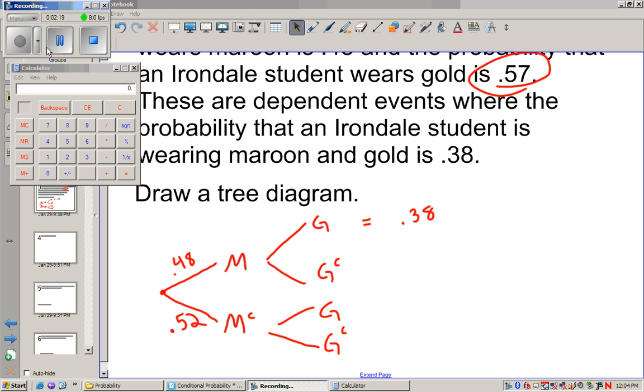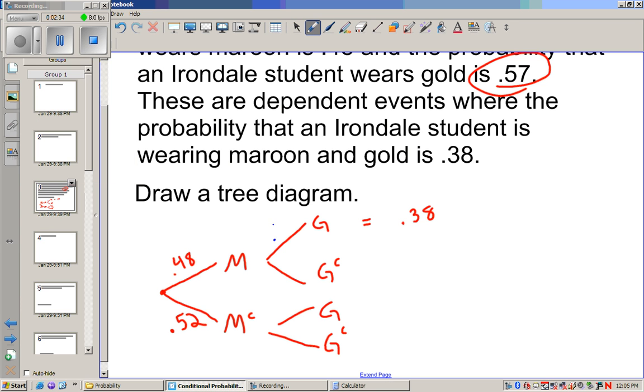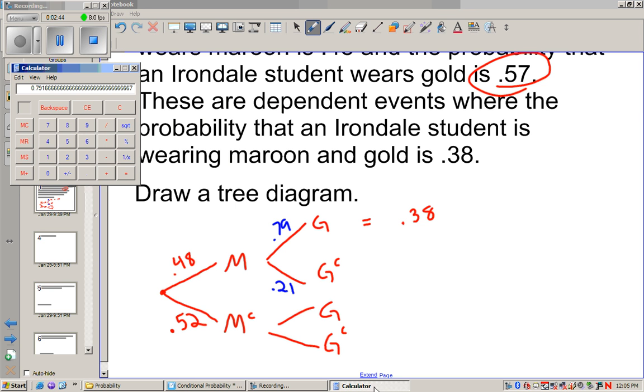If I bring up my calculator and type in 0.38 divided by 0.48, it says 0.7916. Let's just say this is 0.79. So if there's a 0.79 chance that they're wearing gold, that means there's a 0.21 chance that they're not wearing gold. So I can find this probability by taking 0.48 times 0.21, and that's about 10%, so 0.10.